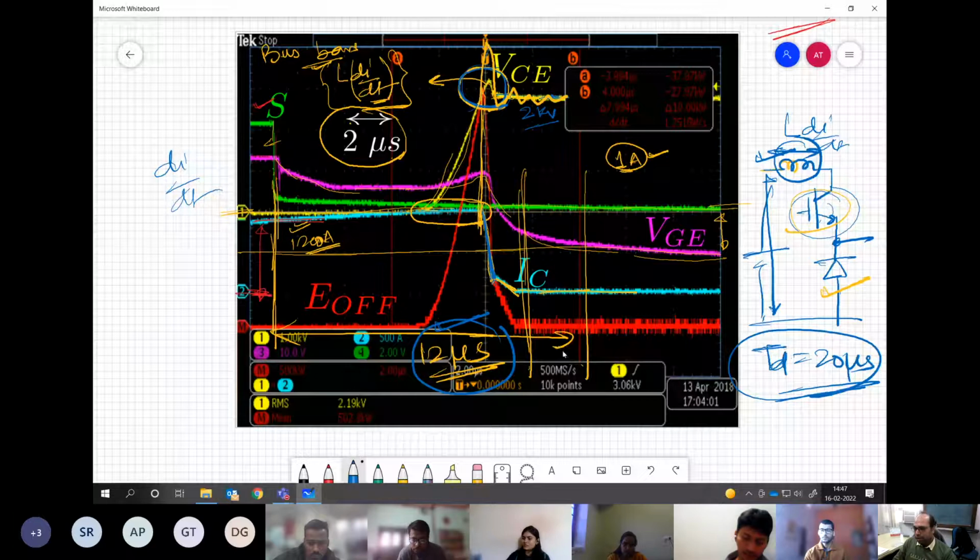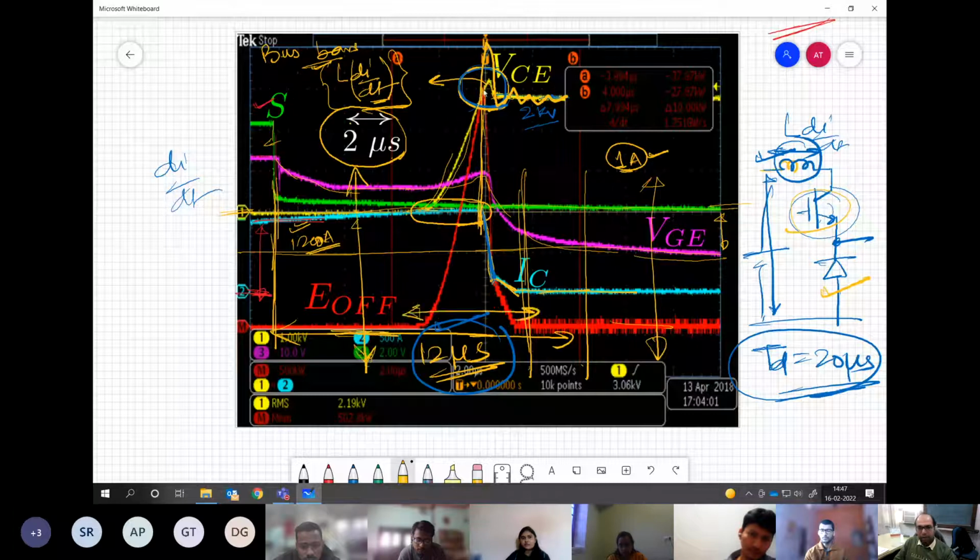You understand the point here? Yes, sir. And the red waveform which is shown here has a value very close to zero both before the device has gone into off mode and after the device has gone into off mode. But during this transition there is a very sharp rise in energy, or power we can say, and then it falls back.